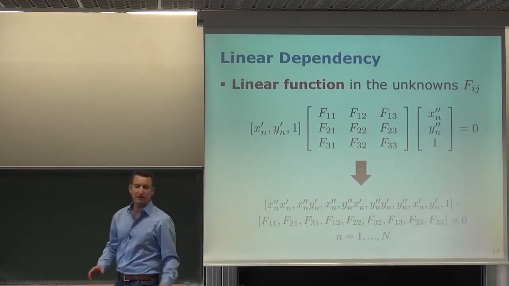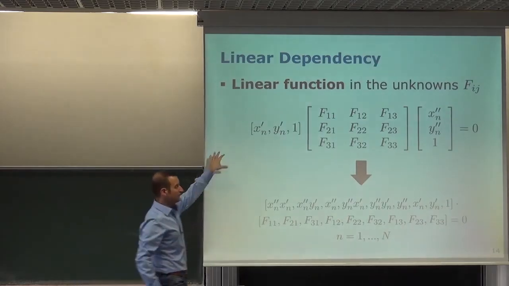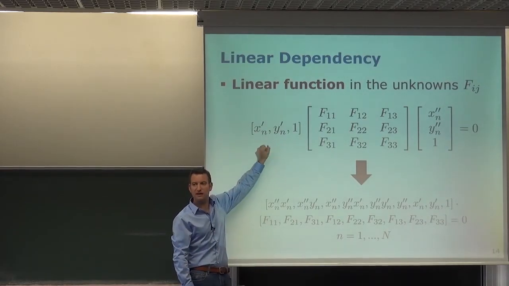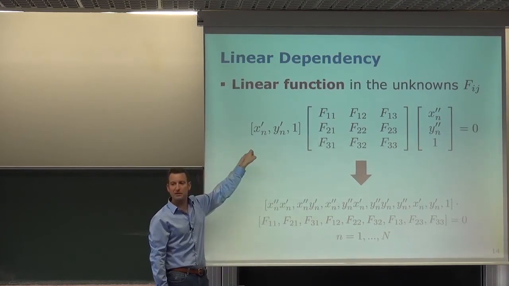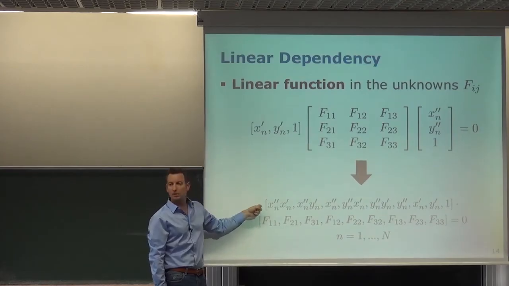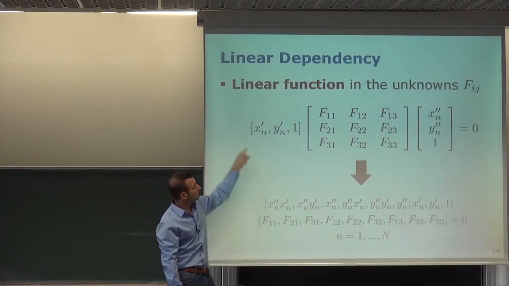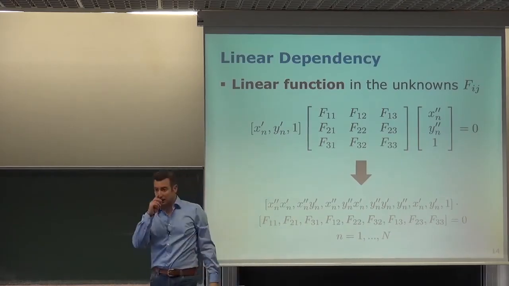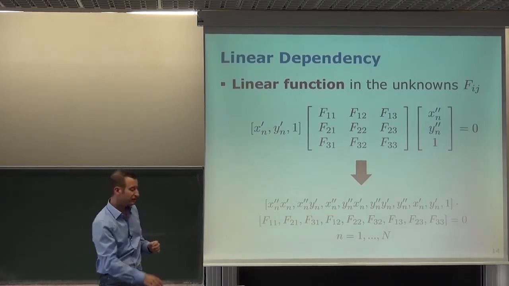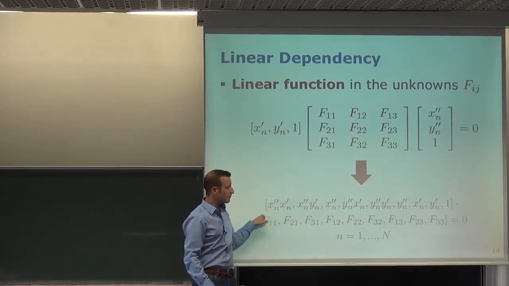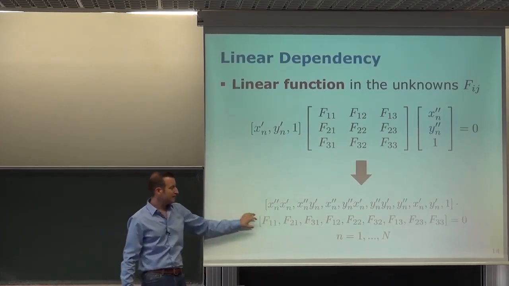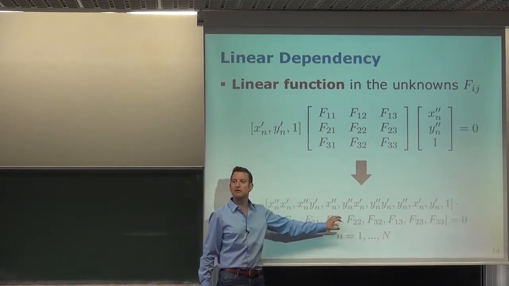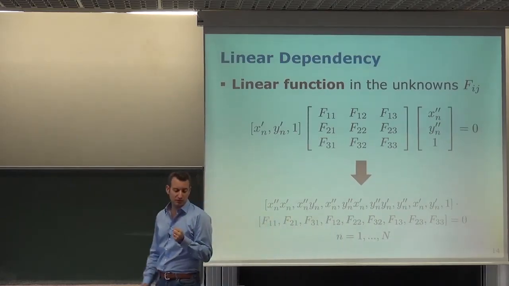The only thing I've done now is rewrite this product of 2 vectors in a 3 by 3 matrix into a product of 2 vectors of size 9 by 1, because we obtain 9 elements through these multiplications. And I can simply rewrite this in this form. And this again emphasizes the fact that this is a function which is linear in f. So it's a linear function, linear dependency.